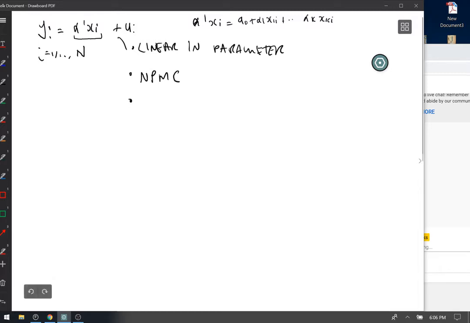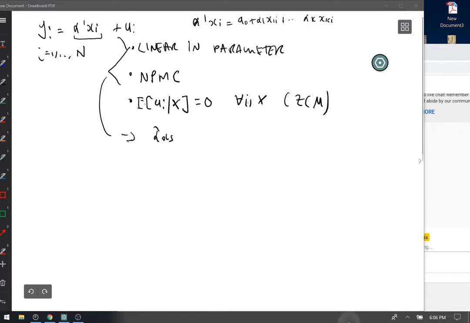And the crucial bit finally is that we've got the expectation of the disturbance given all the personal characteristics in the sample equals zero for all people and for all characteristics x. So we've got this zero conditional mean. These three things imply alpha hat OLS is unbiased.